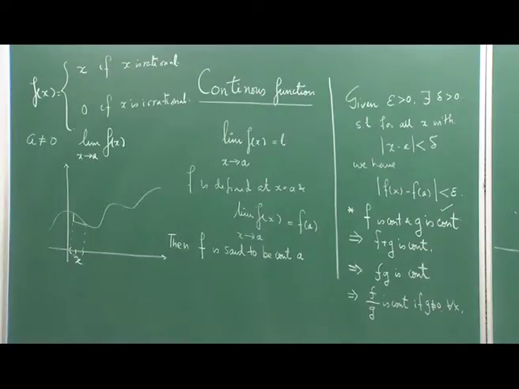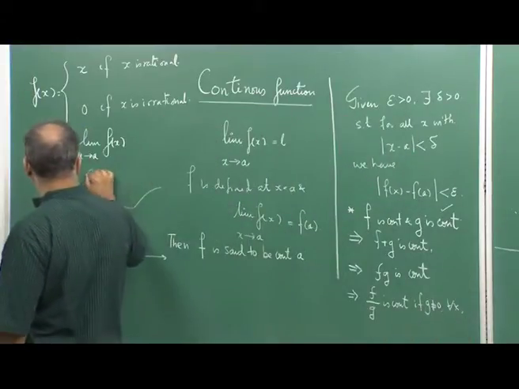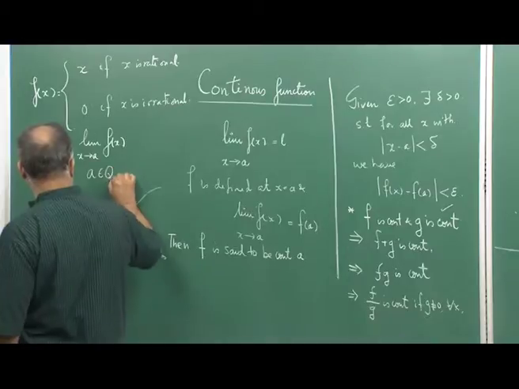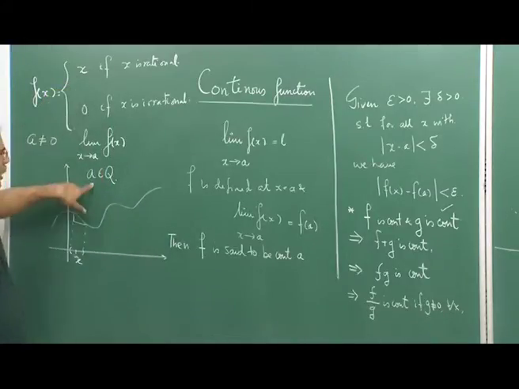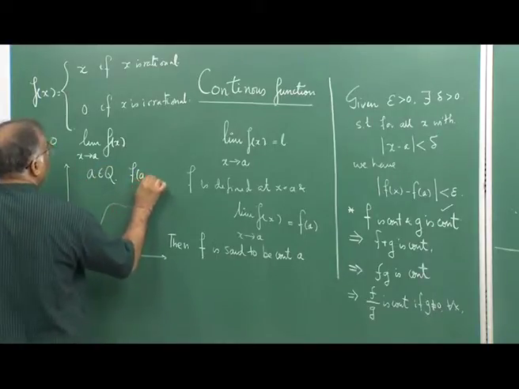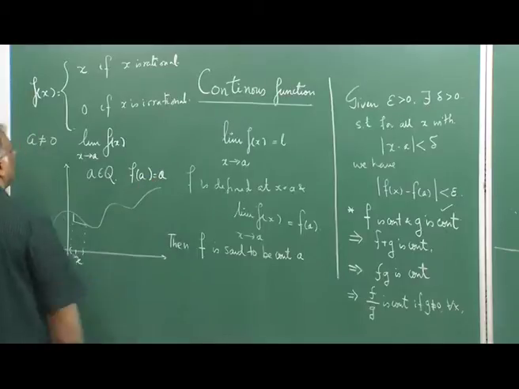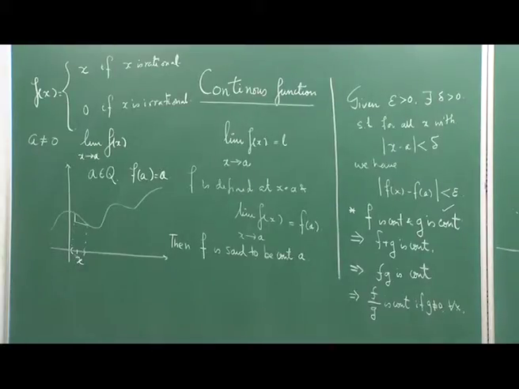So, wherever you are coming, you would take the value say a, and a is rational. Then the function value is a at that point. So f of a is a, but in that neighborhood there are infinite values where f of x is 0 and where f of x is a.